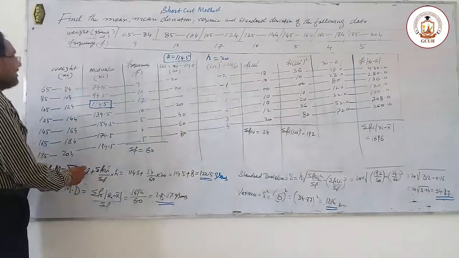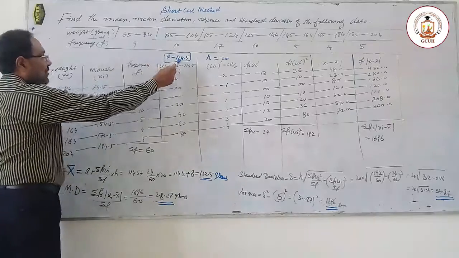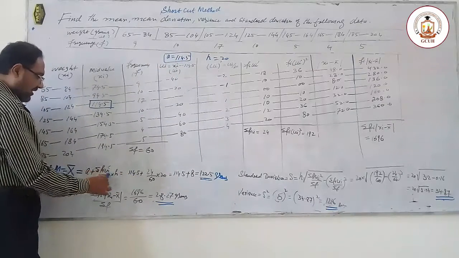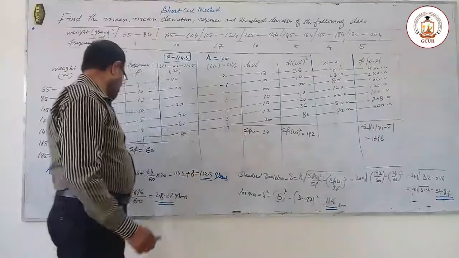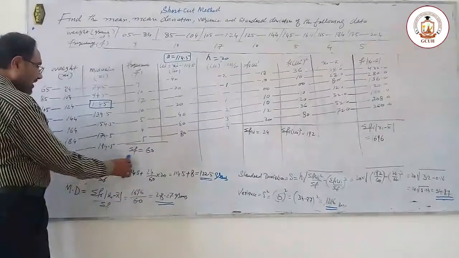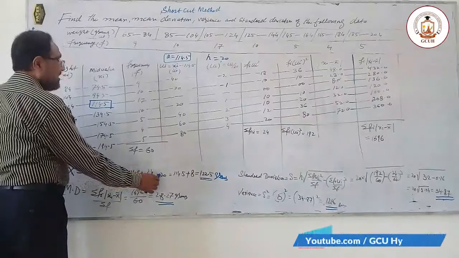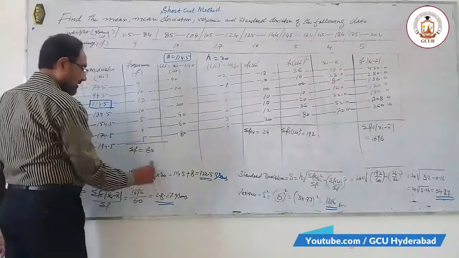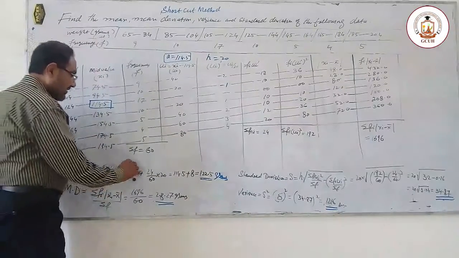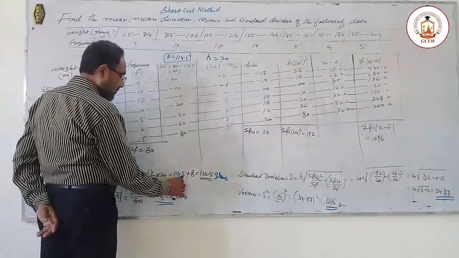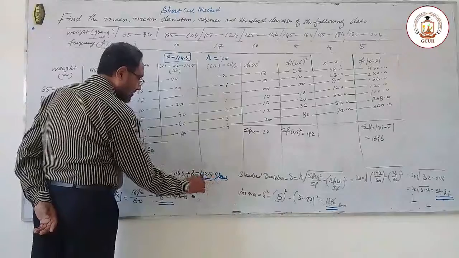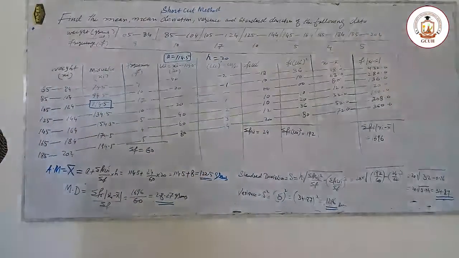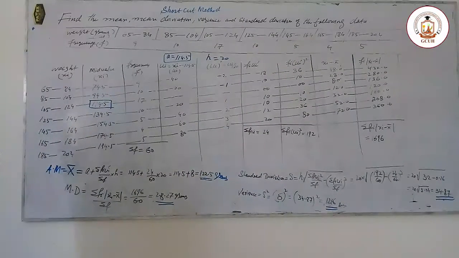That is, A is our assumed mean 114.5, and the sum of this f u r is 24, divided by the sum of f, 60, multiplied by h. h is our step value, 20. So after solving this, we will get 114.5 plus 8, so here we will get 122.5 grams, as we have calculated earlier in the last problem.